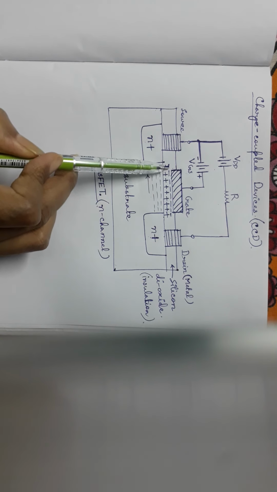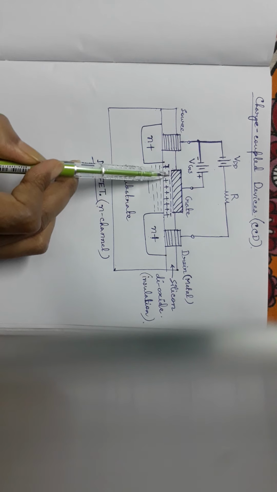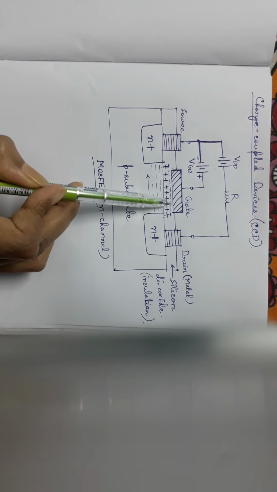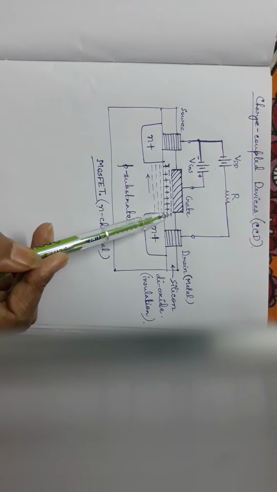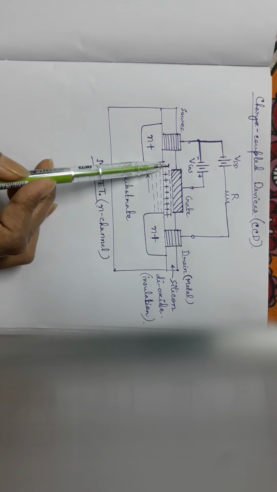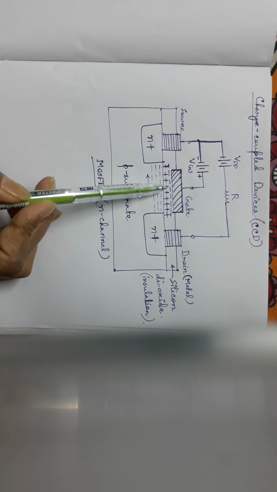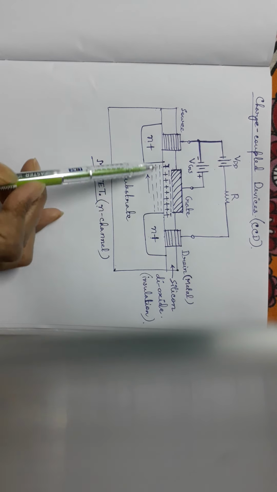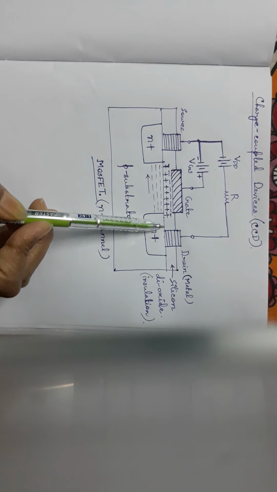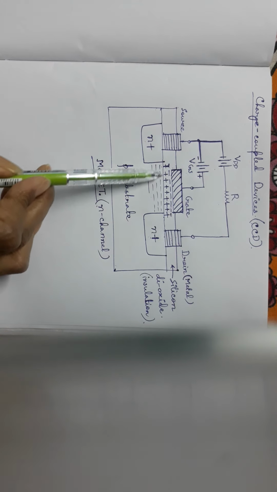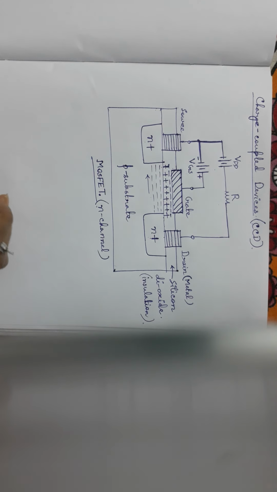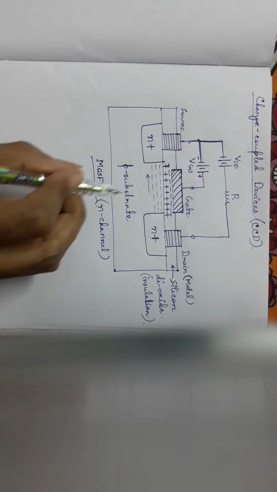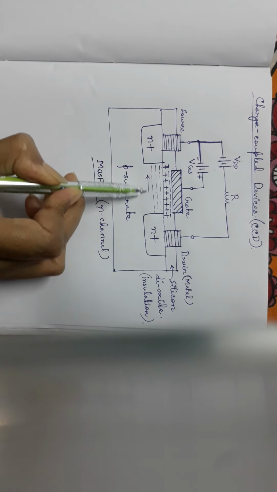That means beneath the gate all the holes will be repelled and there will be a layer of electrons, and beneath the electrons there will be a layer of holes, or the positive charges, as you can see in the figure. Due to these positive charges, a layer of negative charges will be induced in the P substrate like this.